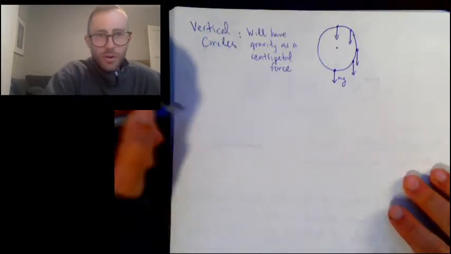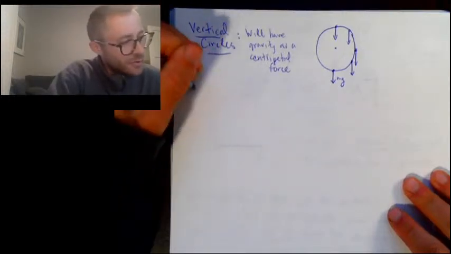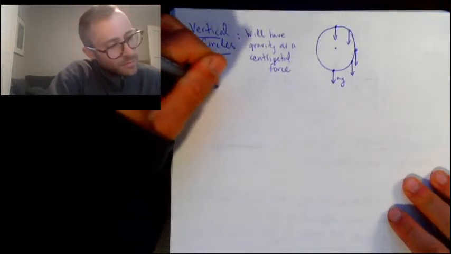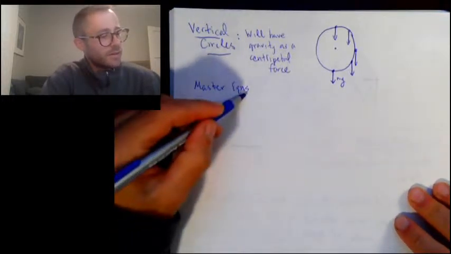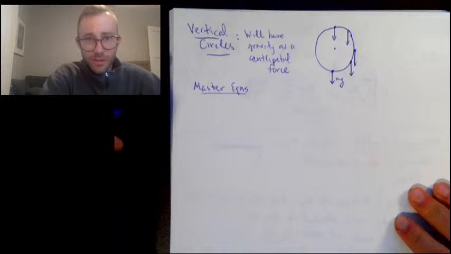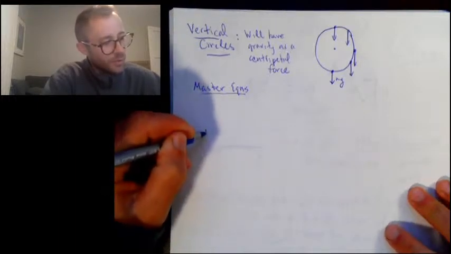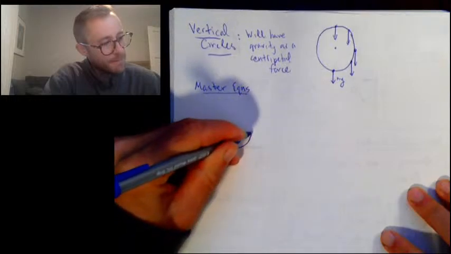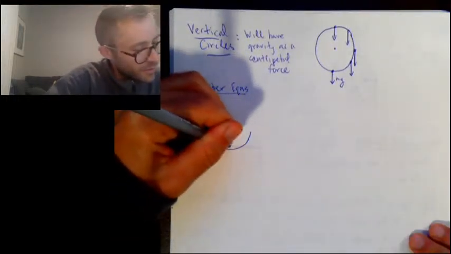Okay, so I'm going to write out the master equations in a number of different scenarios. Actually, 3 different scenarios. What if you're at the bottom of a circle? So we have, for example, a car.